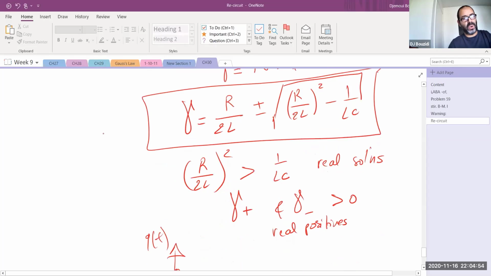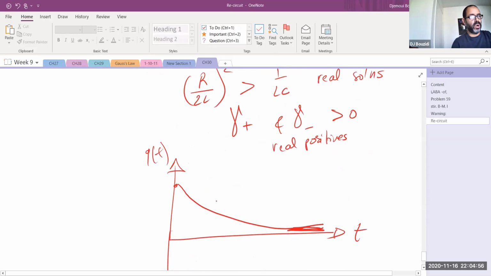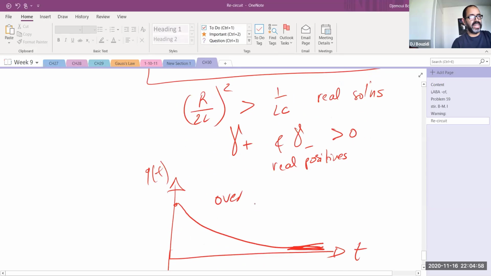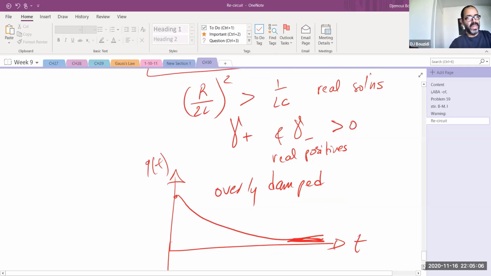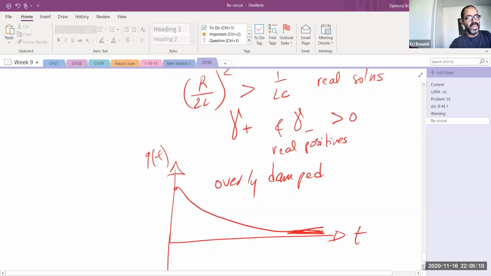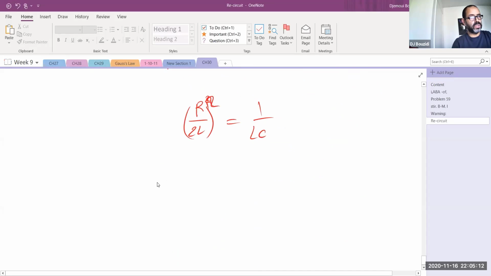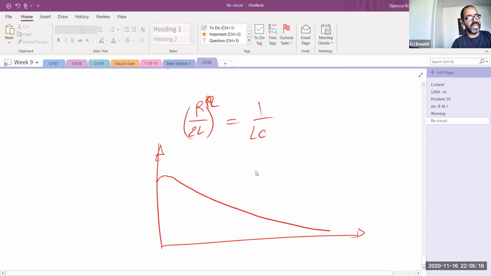This is called the overdamped case. In this situation, this is what happens to the charge. It starts to grow linearly and then comes down also. So this is critical damping.